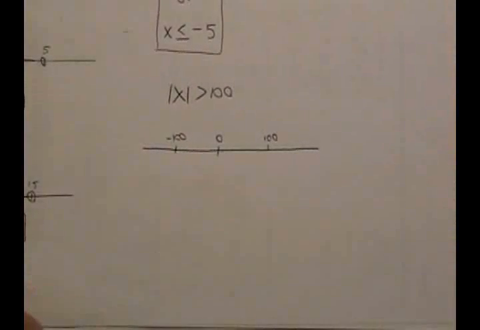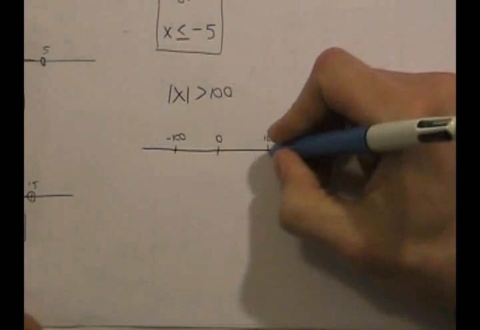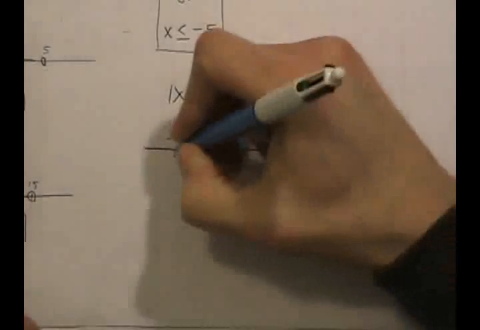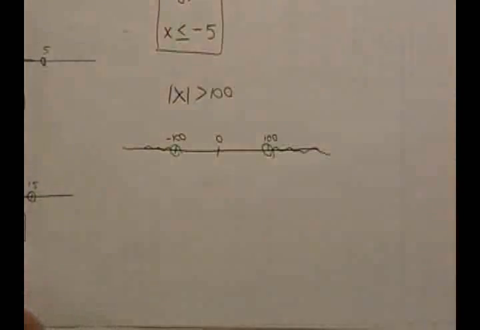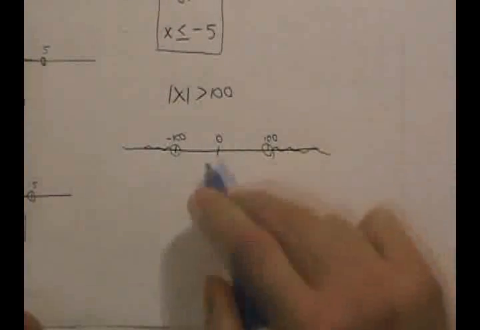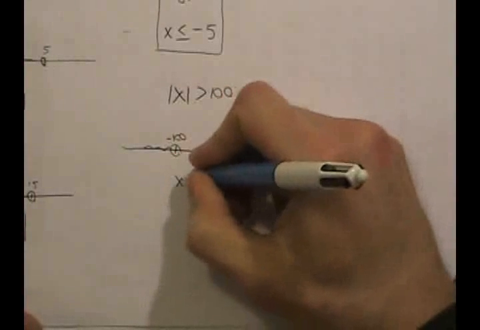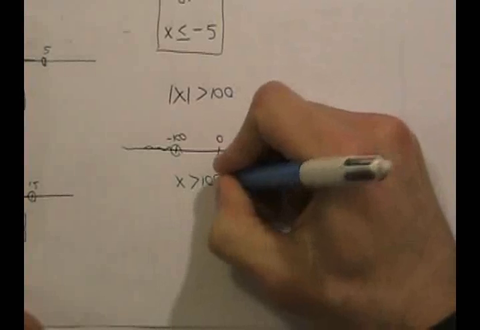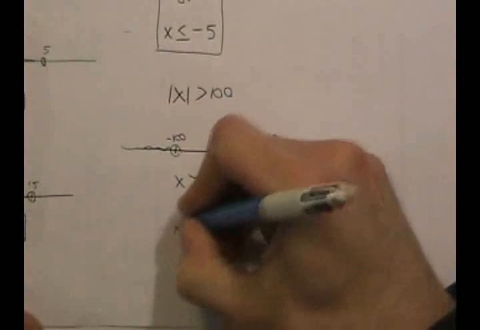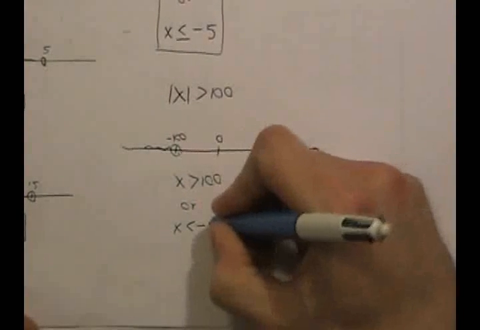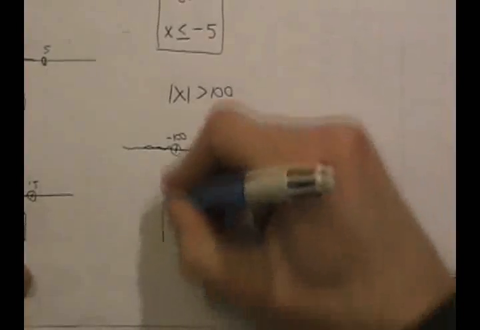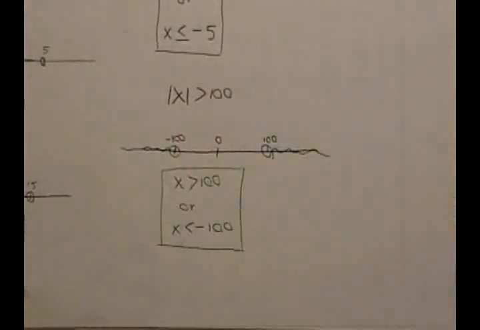Which numbers are going to satisfy that definition of being further away? That would be numbers outside here or numbers outside there. And so you would break it into two different pieces and say x must be either greater than 100 or x must be less than minus 100. And that's what the solution set is.